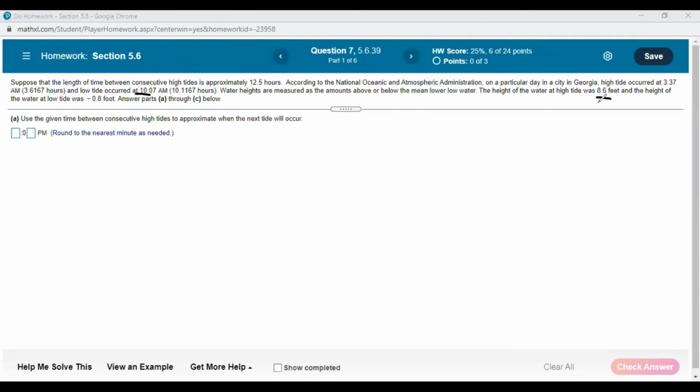We are told some of the important things here. So the max is 8.6. The min was negative 0.8. Good to know. Use the given time between consecutive high tides. So time between consecutive high tides is the same as the period actually, which is 12.5.